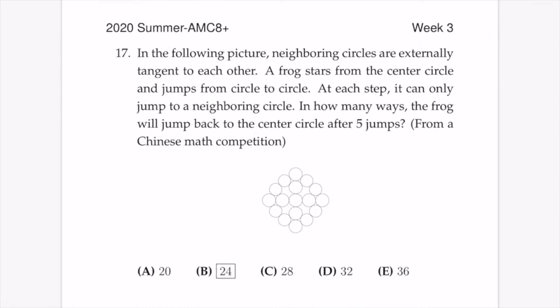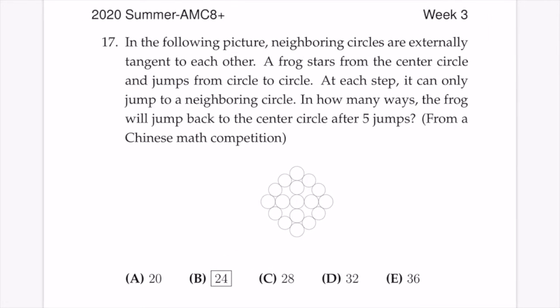Problem 17. A frog starts from the center of the circle and jumps exactly 5 times, and you would like it to be back. So how many different ways? First, we realize that the first jump must be to one of these 4 circles: 1, 2, 3, 4.